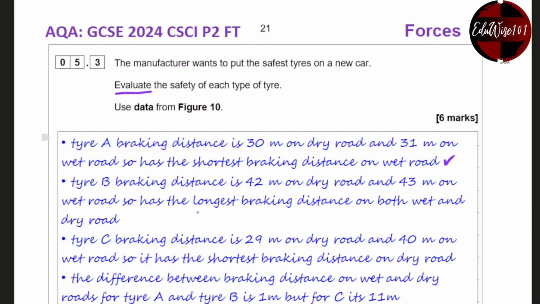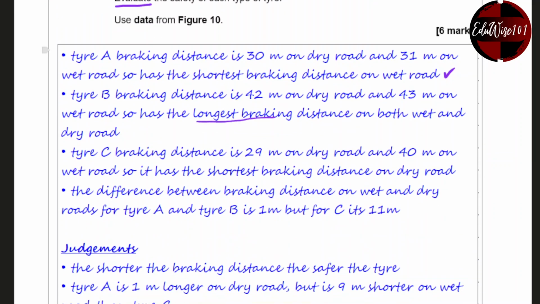So it has the longest braking distance on both wet and dry roads. Tire C, braking distance is 29 meters on a dry road and 40 meters on a wet road. So it has the shortest braking distance on a dry road only. I'm not talking about the wet road here.